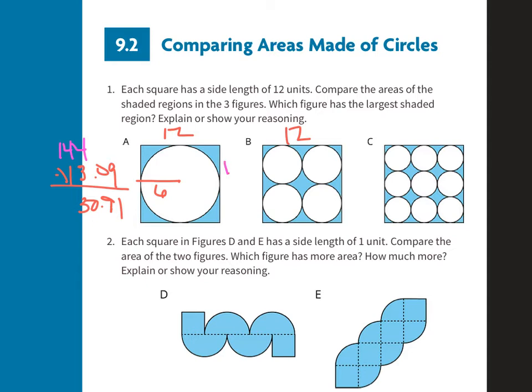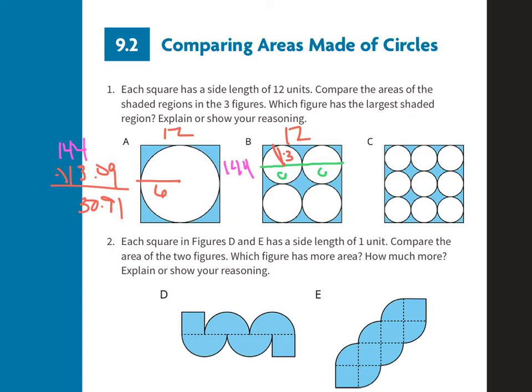12 times 12 is still 144. Okay? But now, if I look here, let's draw this. I have 2 diameters, so this diameter is 6 and this diameter is 6. That means the radius is 3.